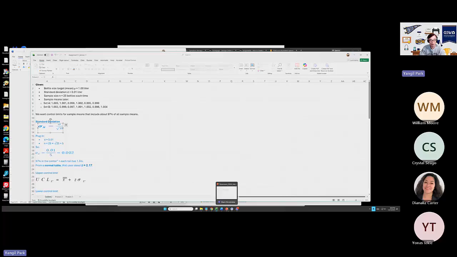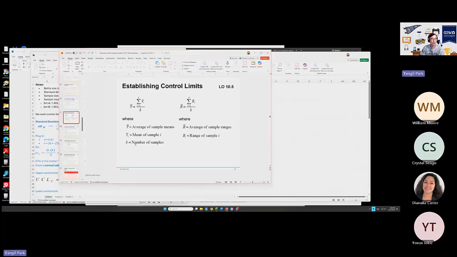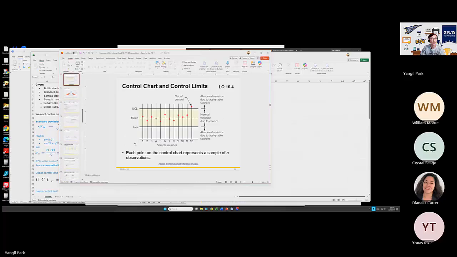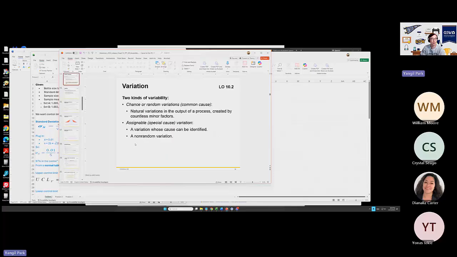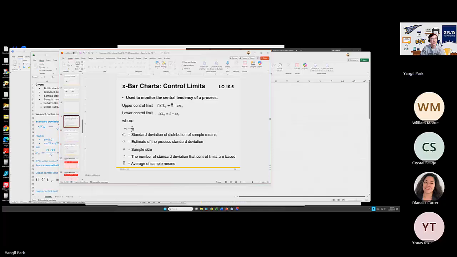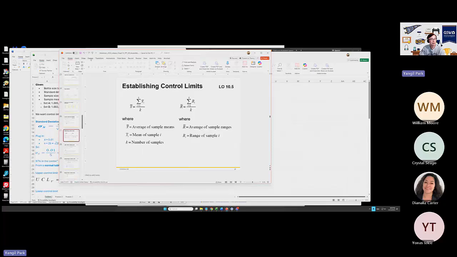This formula is given in the textbook. Something happened here, my slides are messed up a little bit.